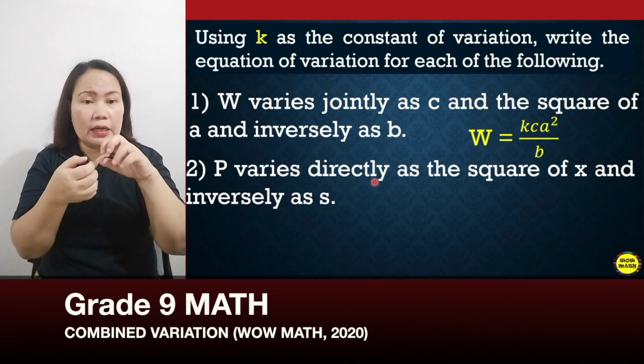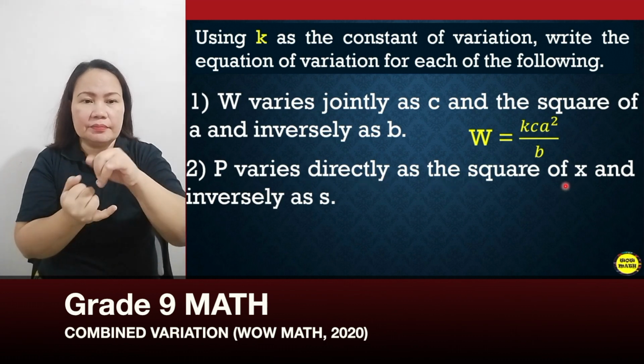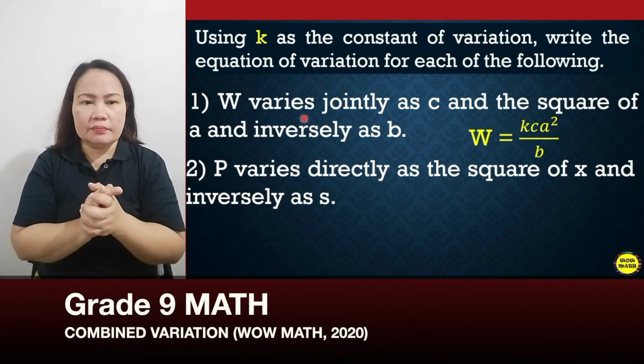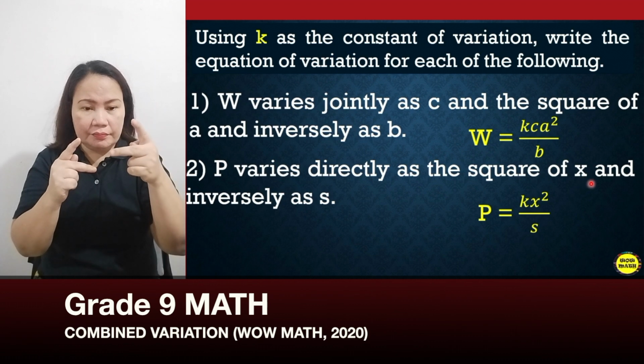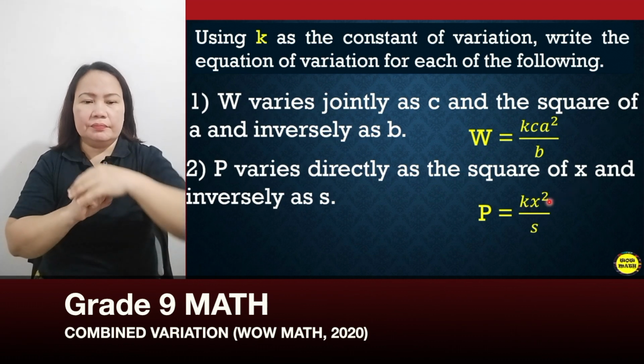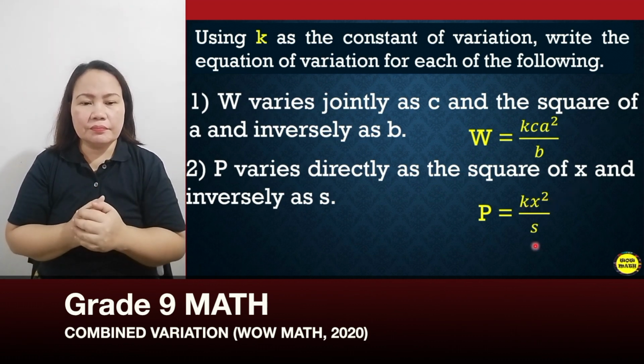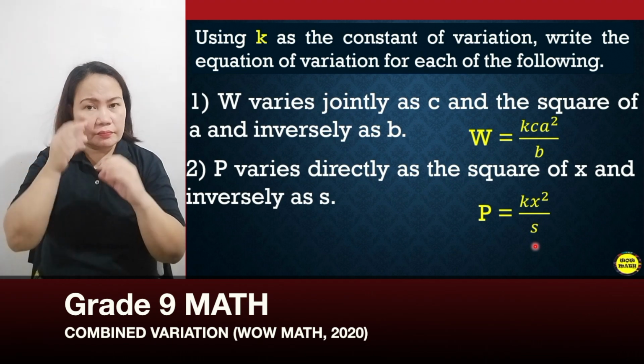P varies directly as the square of X. Unlike earlier, jointly was not used here. So P equals kx squared, because it is the square of X, over S. That is the equation for number 2.